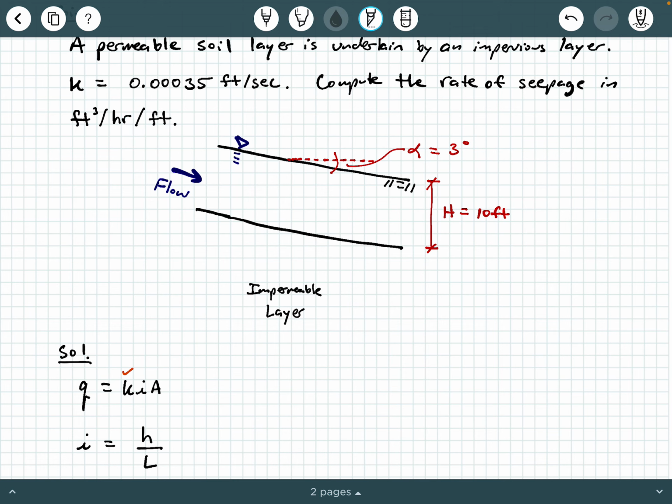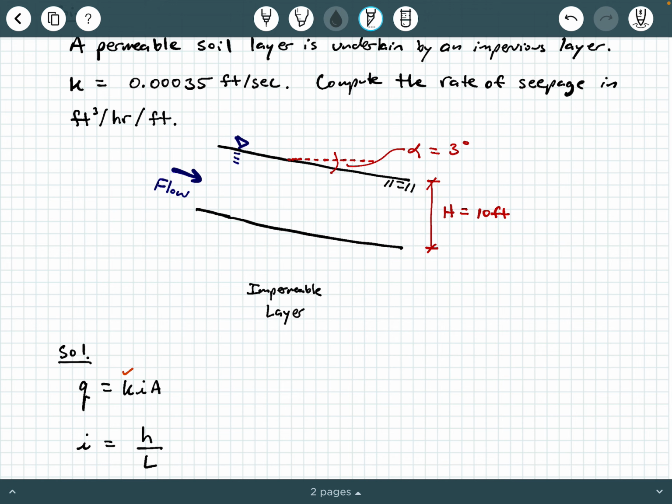What does that mean? Well, the per foot refers to a unit length coming in and out of the screen at you, okay? So think of this soil layer that is sloping at a 3-degree slope in the plane of the screen, but it extends indefinitely in and out of the screen.